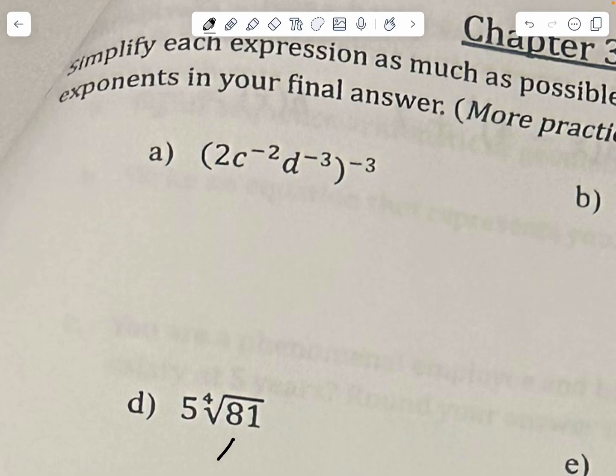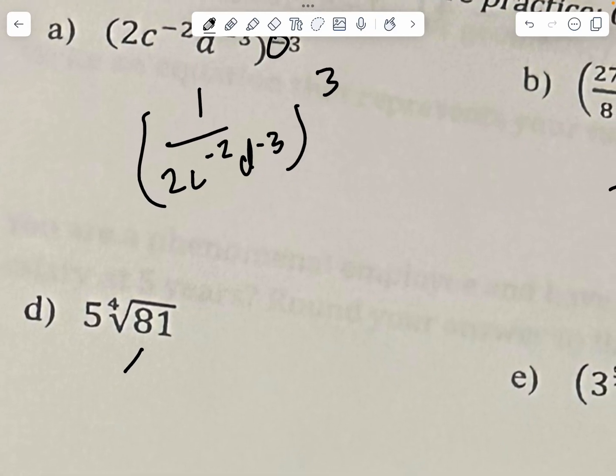Alright, so for the first problem, it's asking us to simplify it. First you're going to want to flip it because of the negative. Negative flips it. C negative 2, D negative 3, all to the third.